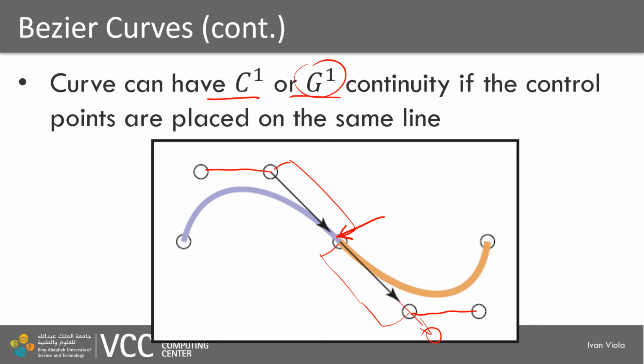If you want to create a C1 continuity or G1 continuity, then the end point will be equipped with a kind of double tangent, which will be defining the actual alignment of the curve at this endpoint. So it will force you from the modeling perspective to create a C1 continuous curve, if that is desired.